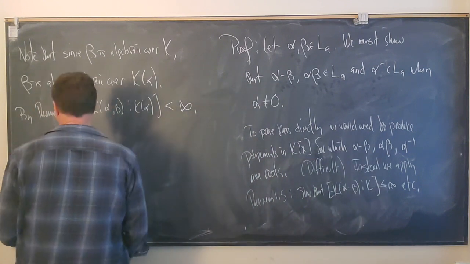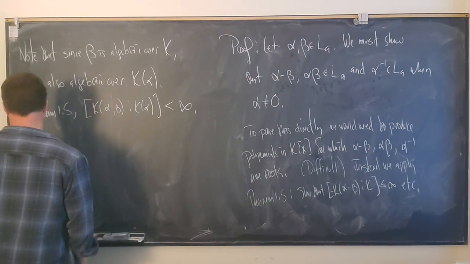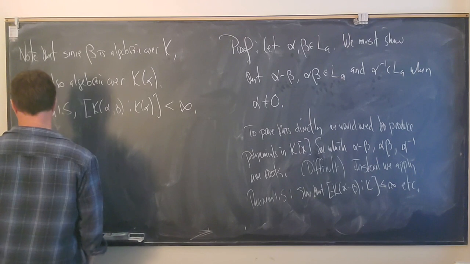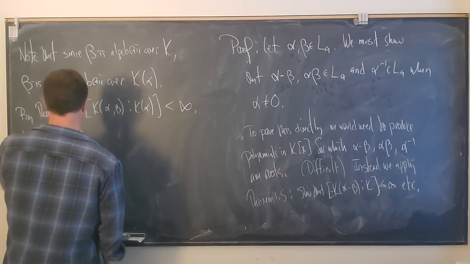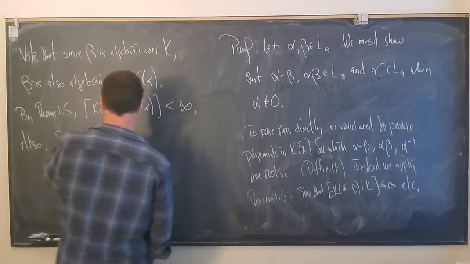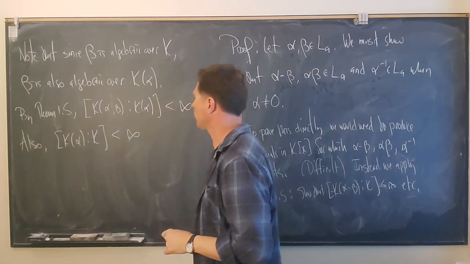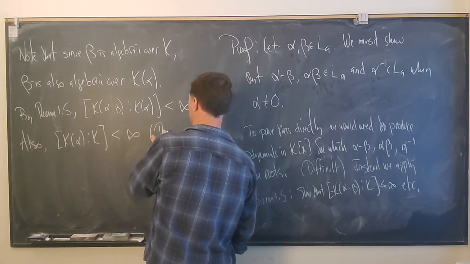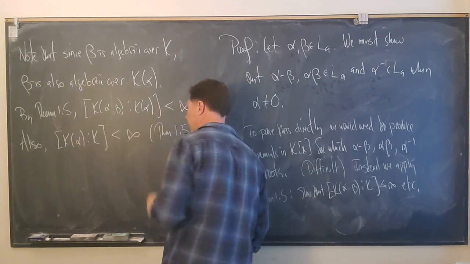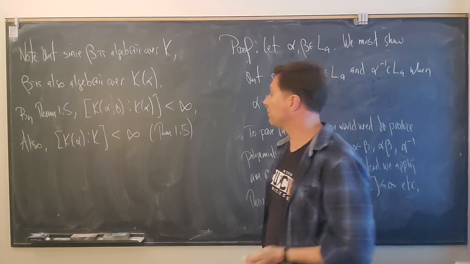Also, alpha is algebraic over K, so also K adjoin alpha over K is finite. Once again, by theorem 1.5, right? We knew that alpha is algebraic over K.